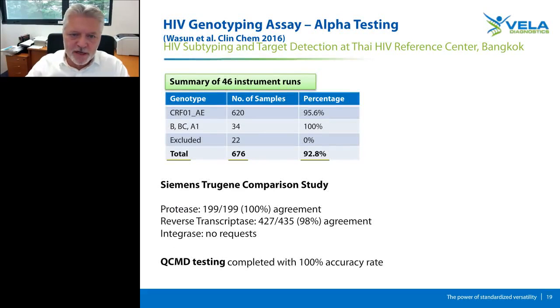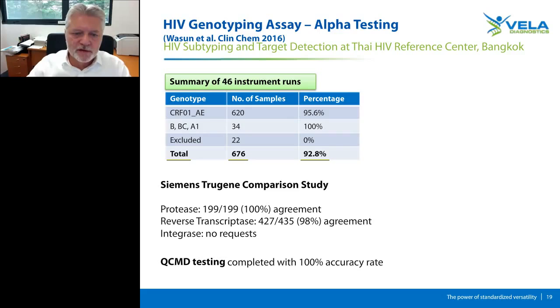This is some data from alpha testing using this assay, and this is data from Professor Basson at the Thai Reference Center in Bangkok. They looked at 46 instrument runs here, and interesting here is that in the Southeast Asia region, we have a prevalence of the CRF01 AE recombinant HIV type, which is not highly prevalent in other areas of the world.